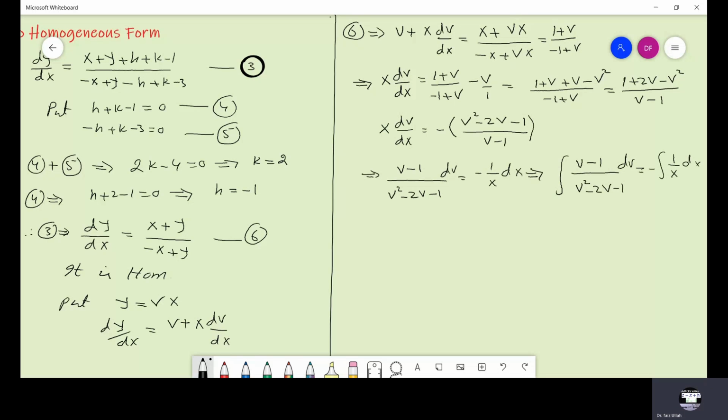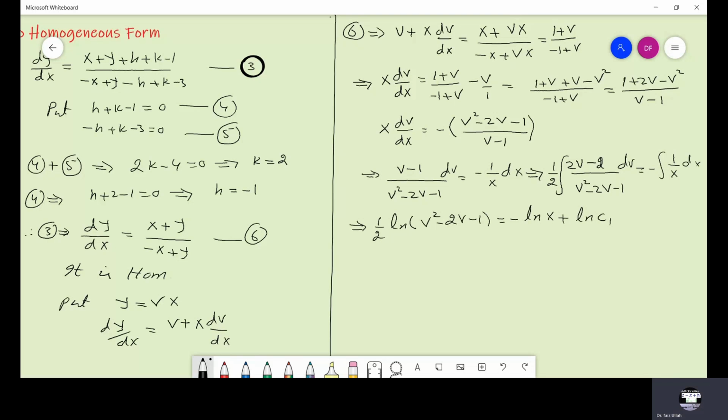Now differentiation of this denominator is 2v minus 2. So multiplying and dividing by 1 over 2, and now we have 1 over 2 ln of v square minus 2v minus 1 is equal to minus ln x plus ln of c1.